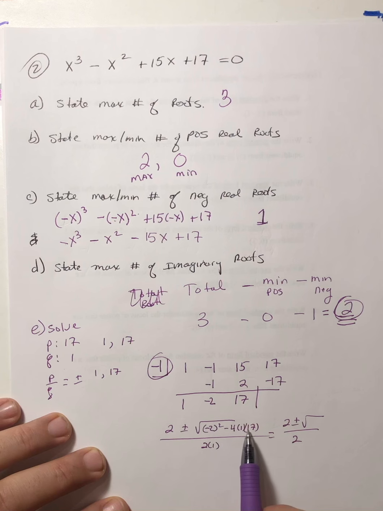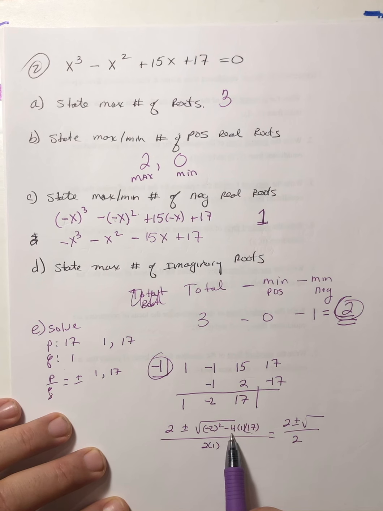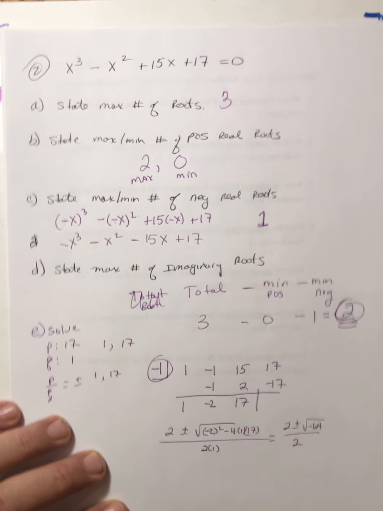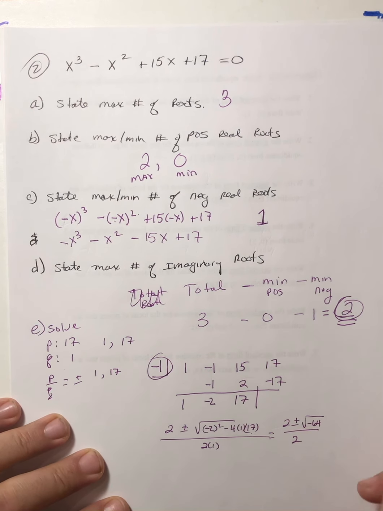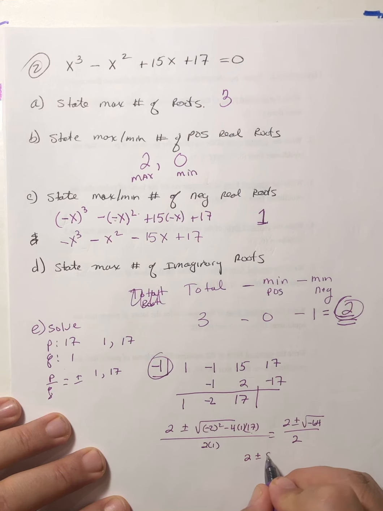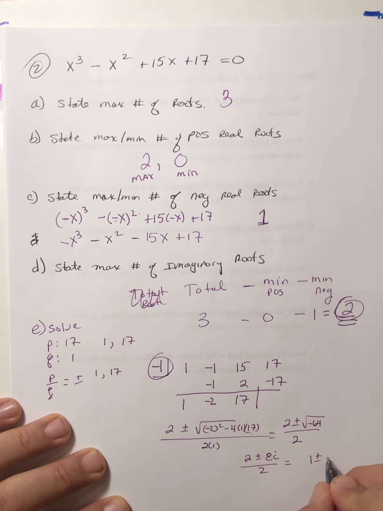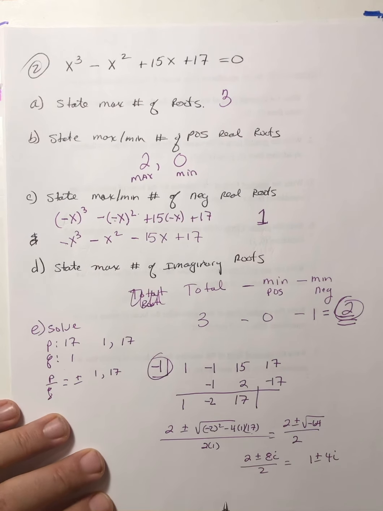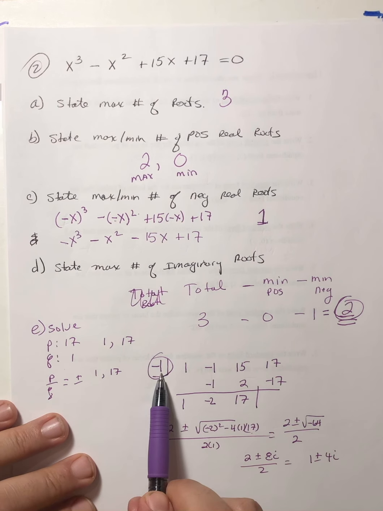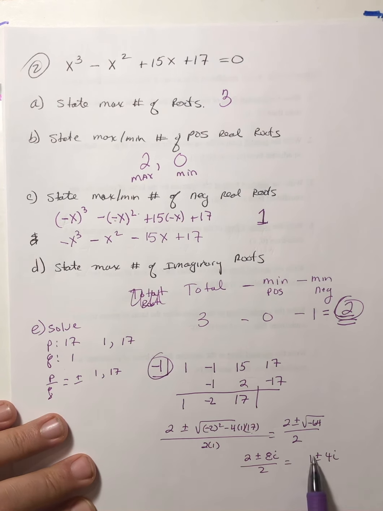What's this? 4 times 17 is 68. 4 minus 68 is -64. Oh, that's just plus and minus 8. So it's 2 plus and minus 8i all over 2. So we have 1 plus and minus 4i. So there you go. There's your one real root, and then these are imaginary.